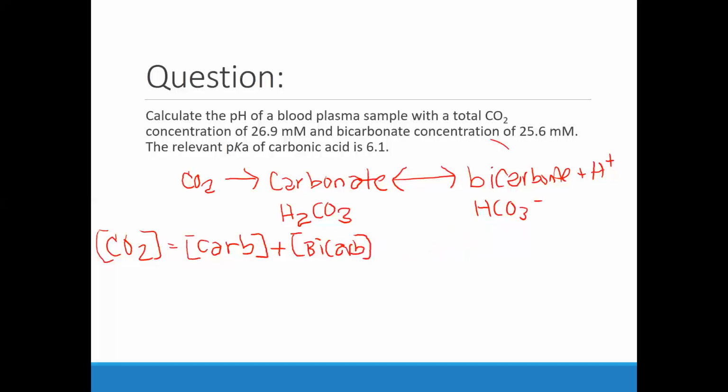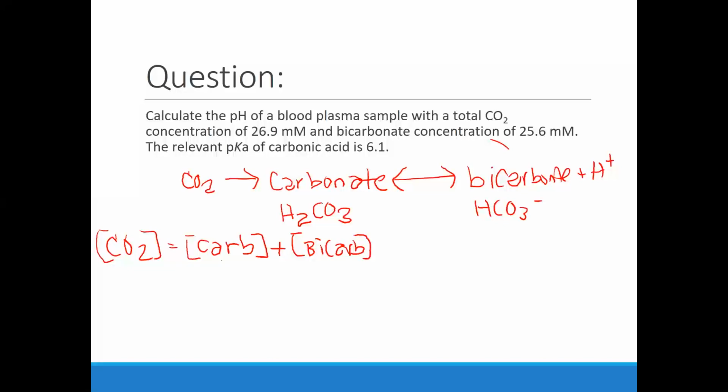And again, that's just where this buffering system is coming from. CO2 is going to make the carbonate, which is then in relation, it's actually the acid group pair with bicarbonate. The concentration of CO2 is the addition of these.